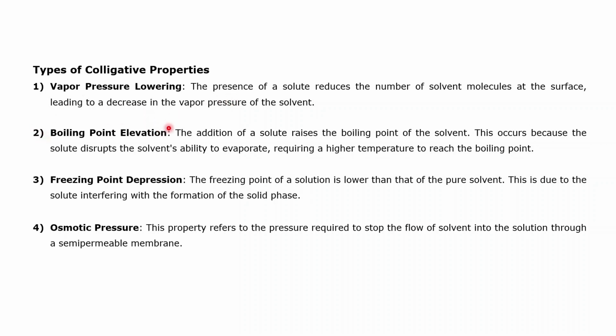Boiling point elevation is also there in this case, because you are adding something into that component, right? There will be other interactions taking place, and it also increases the boiling point of the solution that you have just made. So it increases the boiling point.